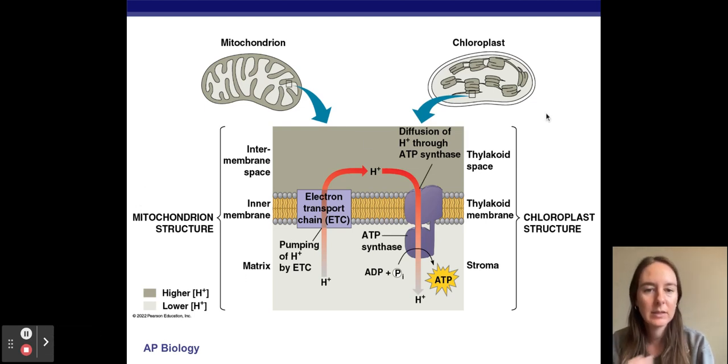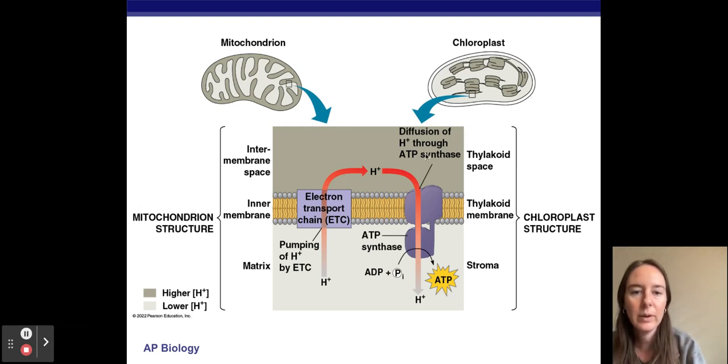In the chloroplast, where are we? So we are increasing the hydrogen ion concentration inside the thylakoid space, and we are pumping out those hydrogen ions into the stroma, so this fluid part here. So it is like the opposite of the mitochondria here.